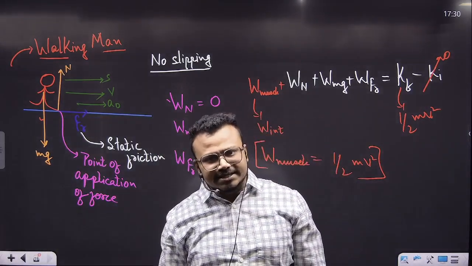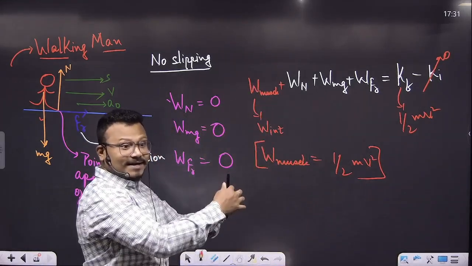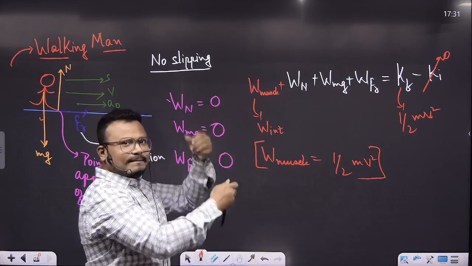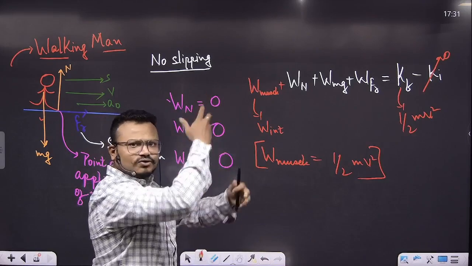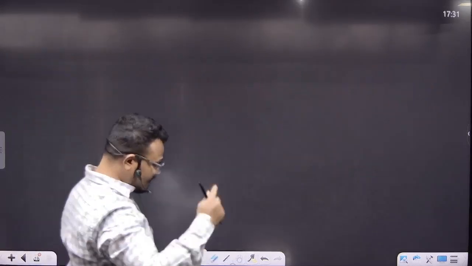Horizontal we have seen. Acha, now when a rope is there, like army people are climbing on the rope, or a monkey is climbing on the rope, it is moving in a vertical line.